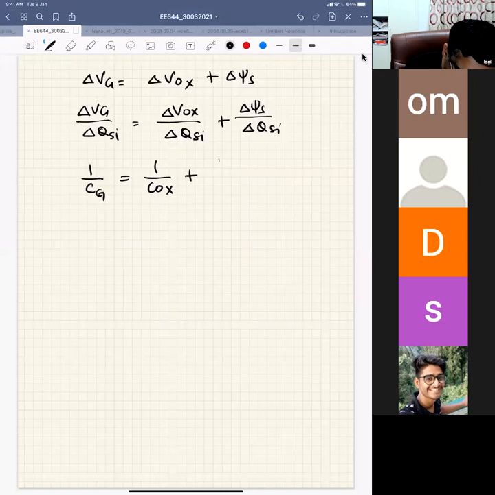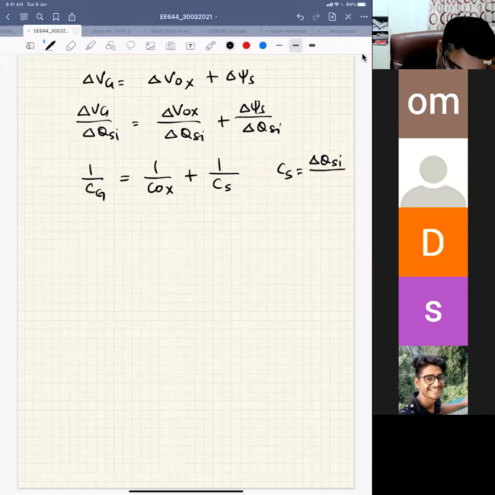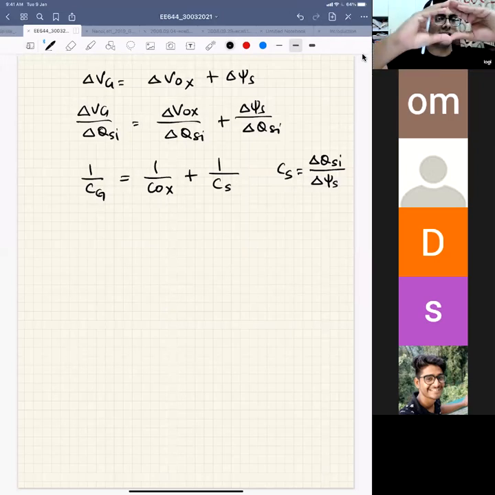And this capacitance is nothing but your semiconductor capacitance, right? So semiconductor capacitance Cs is nothing but delta Q charge in silicon, how the charge in the silicon depends on delta psi s. Delta psi s is nothing but the drop in the silicon, right? So psi s, the surface potential, is nothing but the voltage drop in the silicon. So charge in the silicon by voltage in the silicon, this is your Cs, right?